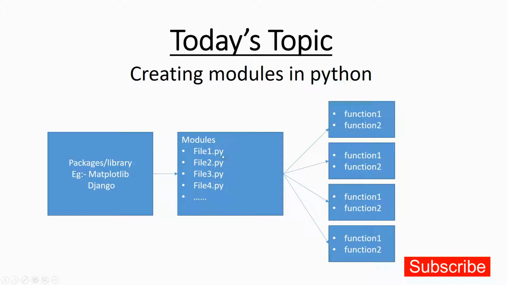For example, file1.py will have functions like function 1, function 2, function 3, and there might be n number of functions. Similarly, file2.py will have its own set of functions and so on. So a package will have modules, and every module will have its own set of functions. This is how the structure is.